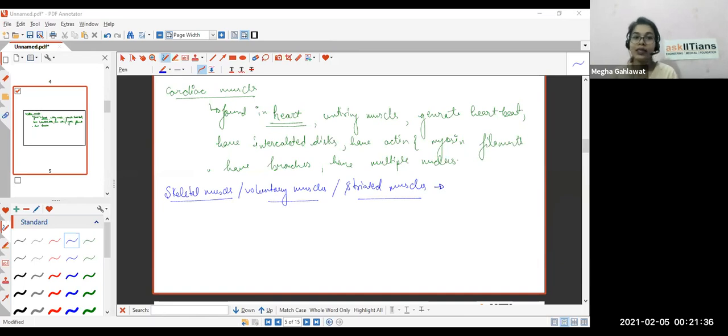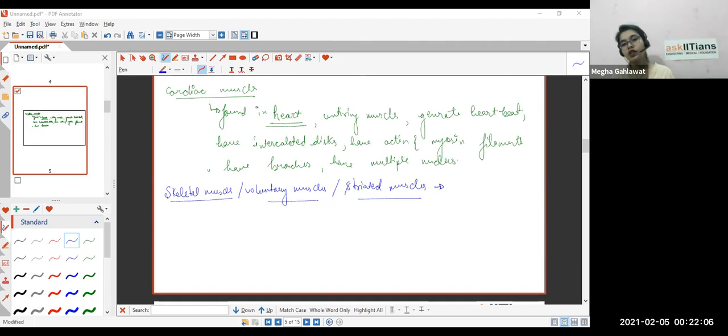So, these skeletal muscles are the ones which are under our direct control, and they have a long cylindrical shape, and they are parallel to each other, as I already showed you in the diagram. And these muscles have the light and dark bands of the actin and myosin filaments. Myosin filaments are the dark bands and actin filaments are the light bands.